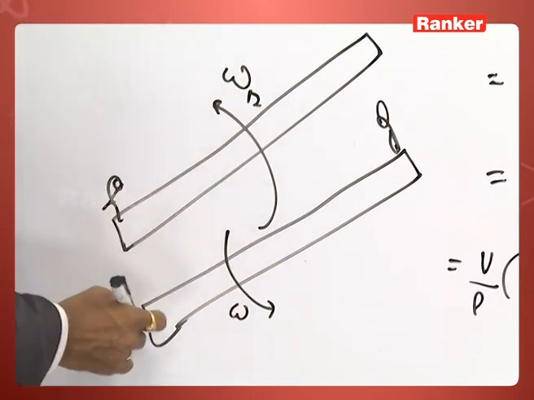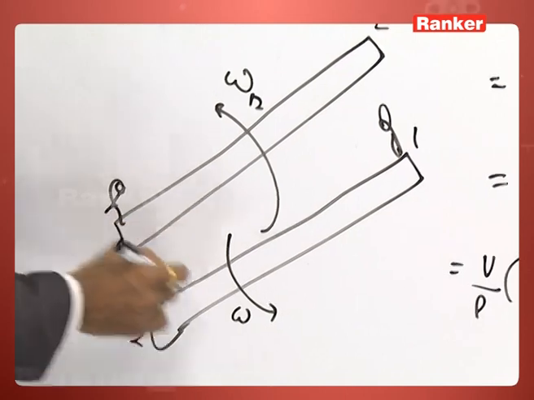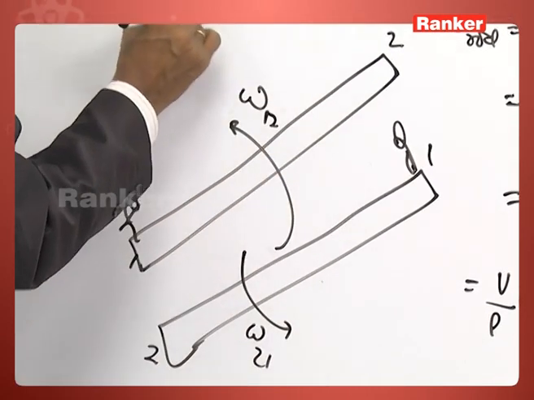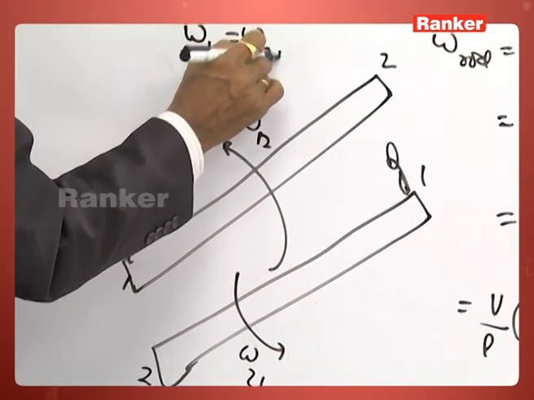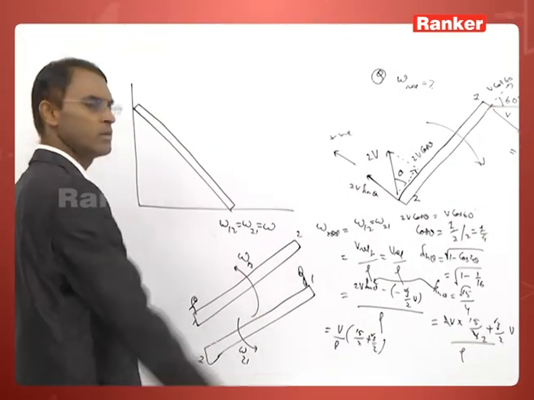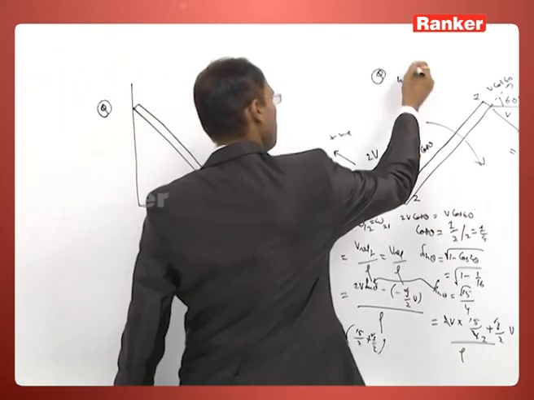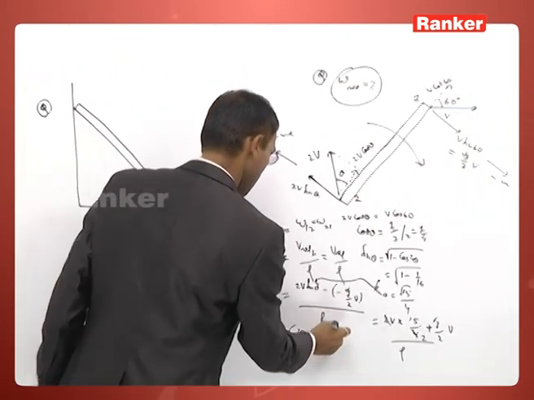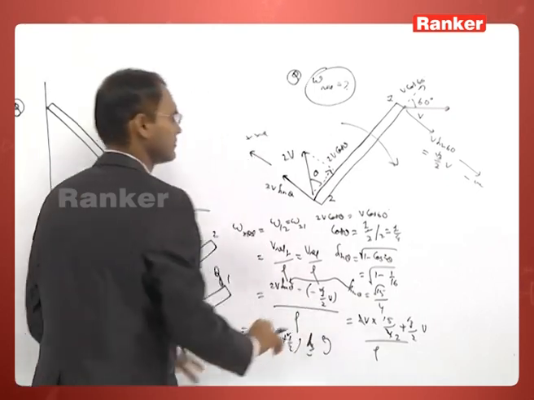Is omega 12 equal to omega 21? Both are equal. Omega 12 is equal to omega 21. That's the omega of the rod. So the rod rotates in this way with this angular velocity. So the angular velocity of the rod is this much. Answer. In which sense?